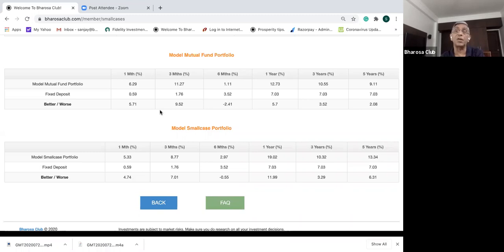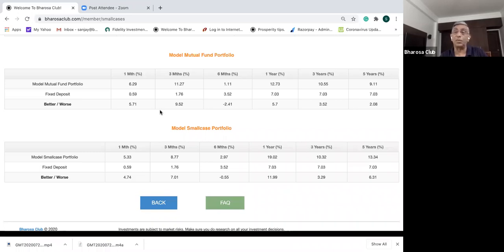Now the question is, how do you execute these, and what should you do in terms of monitoring? And then there are some possible improvements which Bharosa Club might work on with Access Mutual Fund and Small Case. Right now, if you want to buy these small cases, you have to buy them individually by going to the small case website.